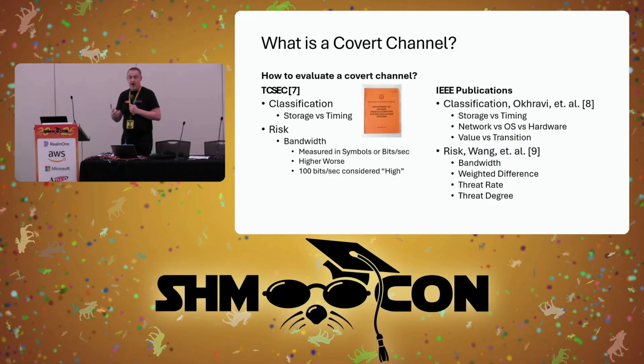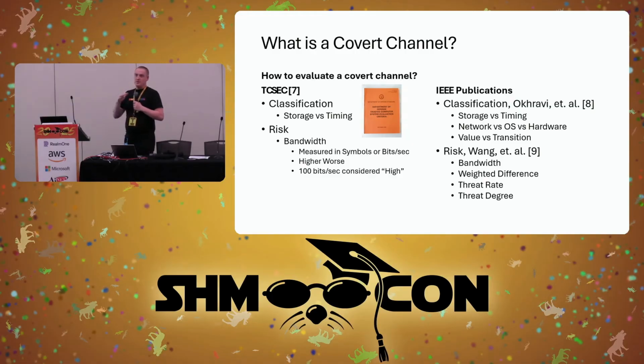In terms of evaluating how good covert channels are, how risky, the year of my birth, TCSEC was published by the Department of Defense, and it classified channels into storage and timing. Storage is you're storing the values directly in the data being sent across, or timing, you're encoding data into some time-varying signal.